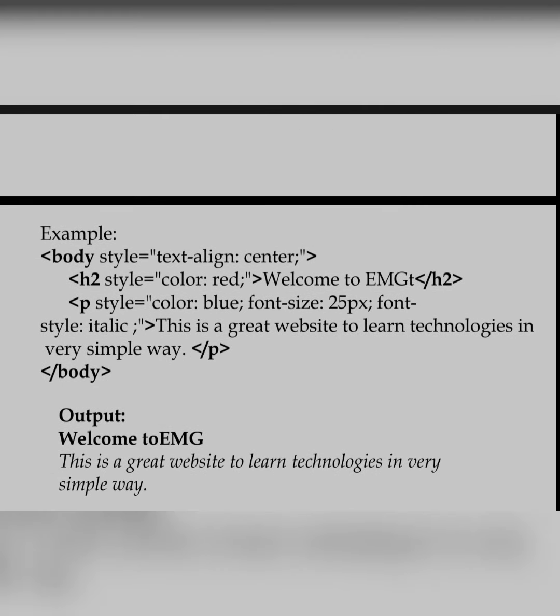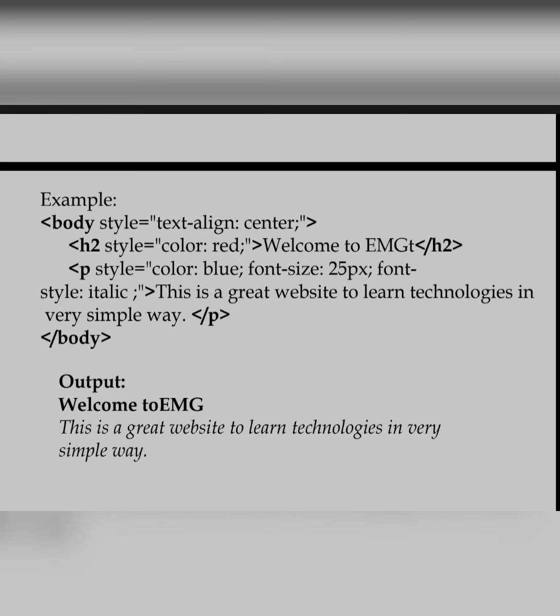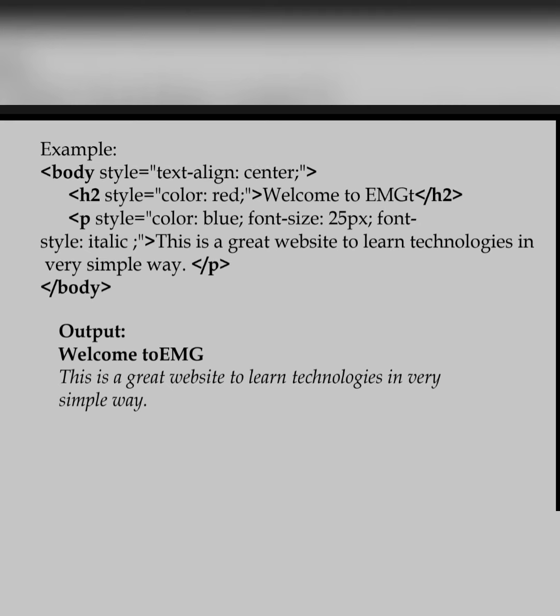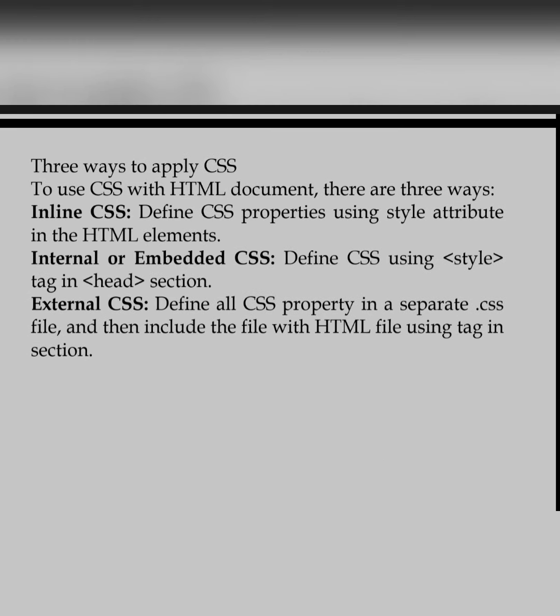This is an example of a CSS style sheet which we are going to use in the HTML window. Body style equals text-align center. H2 style equals color red: Welcome to AMG. Paragraph style: color blue, font-size 25 pixel, font-style italic. This is the output for this program.